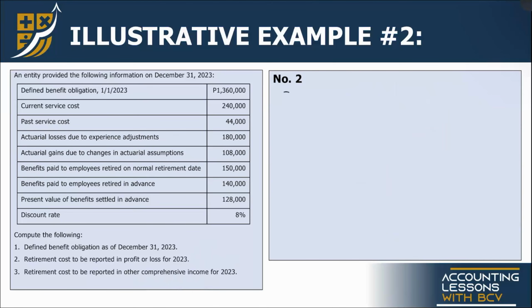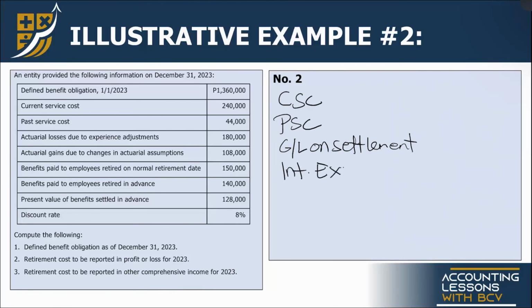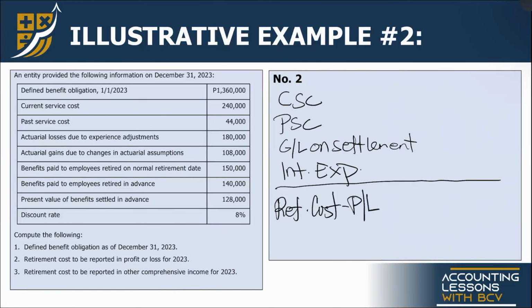So, papasok sila current service cost, past service cost, and yung gain or loss on settlement. And ano pa? Interest expense. So this will form part of the retirement cost na i-report mo sa profit or loss.